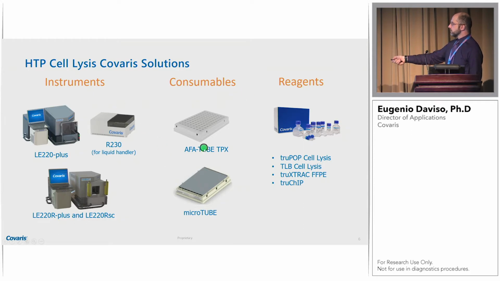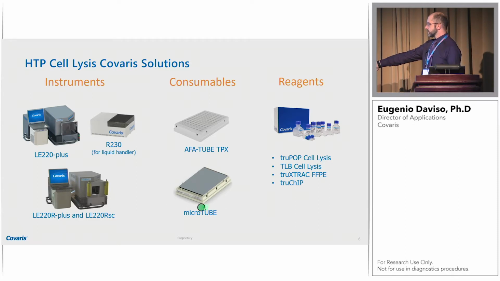We have the consumable. This one, the AFA2 TPX, is like a PCR plate. It's a different polymer that is what I mentioned at the very beginning of the talk. It's very important to have the vessel designed the right way with the right material that can couple well with the sonic energy.